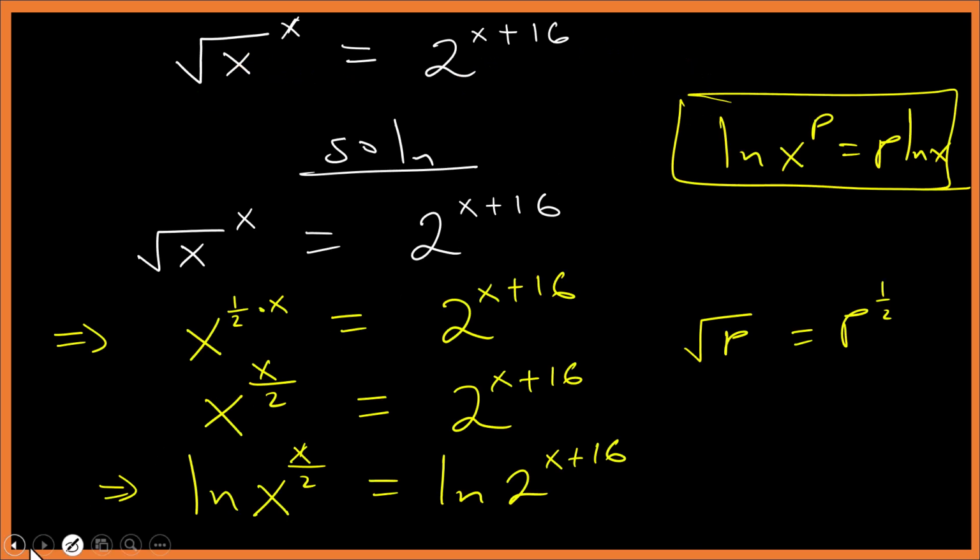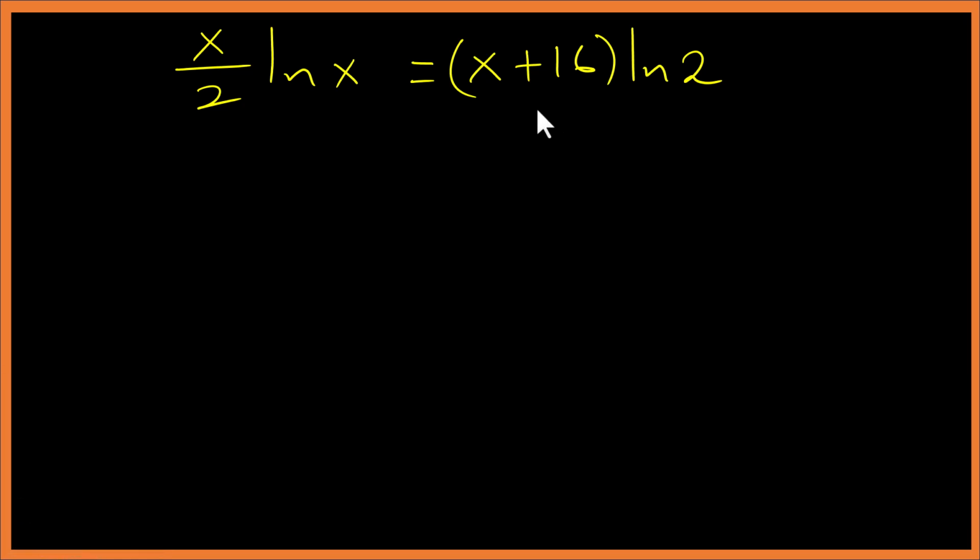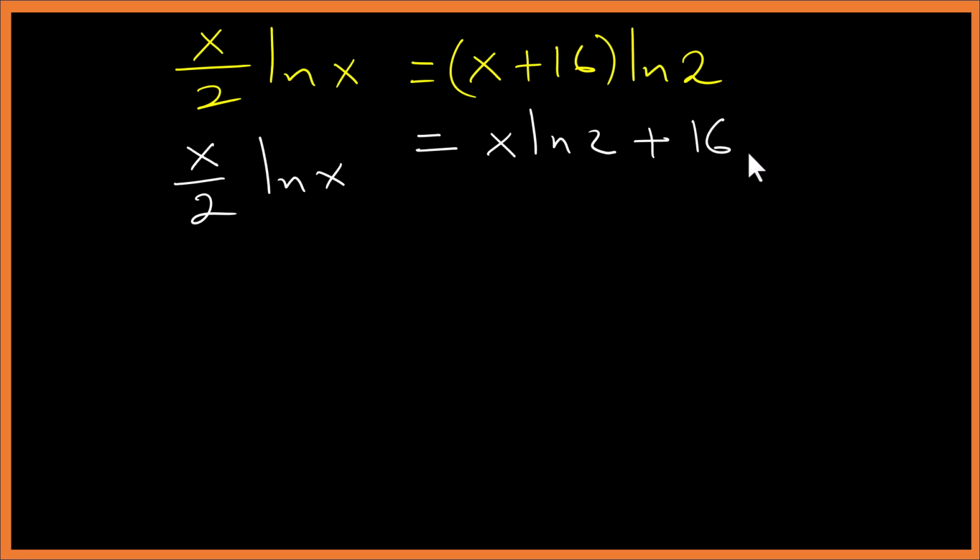Okay, so it's here. Now from here we can expand this one. So we have x on 2 ln of x is the same as x ln of 2 plus 16 ln of 2.